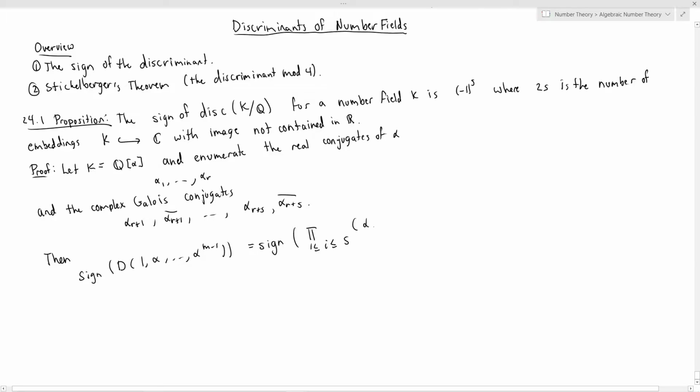So this is using our formula for the discriminant from last time. Alpha_{r+i} bar.